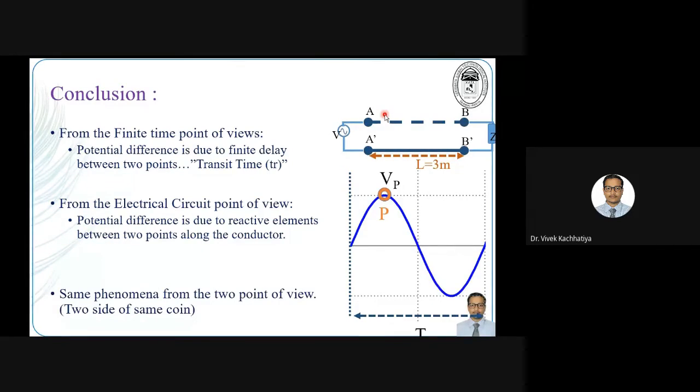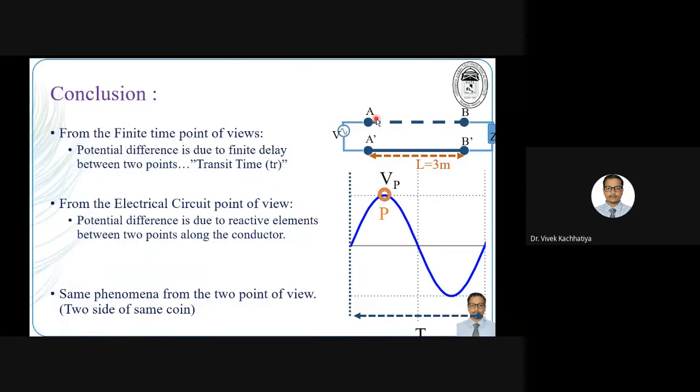So this is the same phenomenon from two different points of view. From the finite time point of view, the signal will take some time to reach point B, and if you compare it with the time period of this particular signal, you will find there is a potential difference. From the electrical circuit point of view, whenever I apply a high frequency signal, the alternating current will induce a magnetic field.